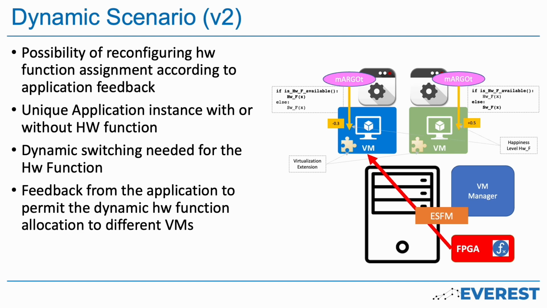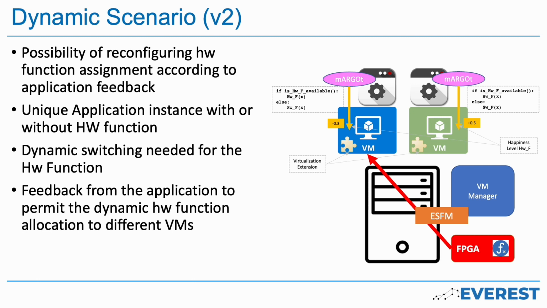When the application execution starts, the application in the blue virtual machine detects the presence of the hardware function and provides a happiness value that reflects a possible hardware function removal by the virtual machine manager. Identically, the same happens to the green virtual machine, where the happiness value is instead related to the possibility of having a hardware function attached.